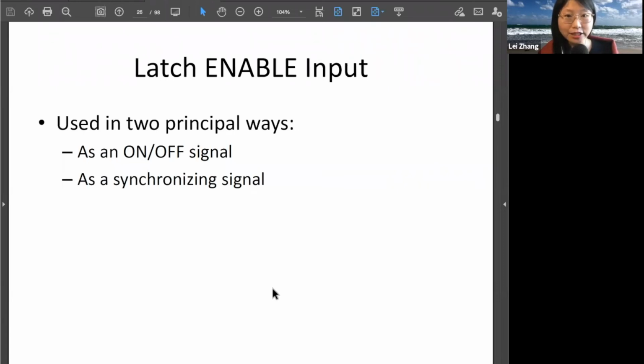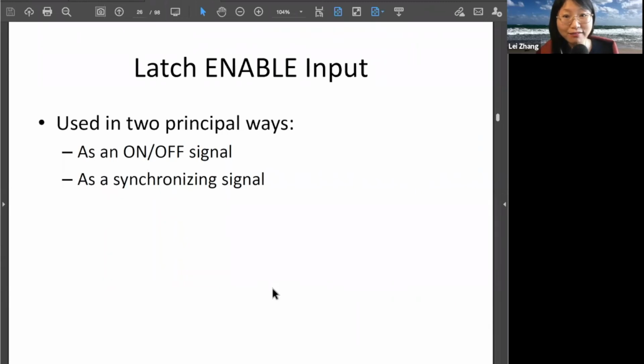The latch enable signal can be used as an on-off signal, as we did before, to let the signal pass or stop the signal. Or it can be used as a synchronizing signal. What does that mean? In our circuit, we don't have to have only one latch.